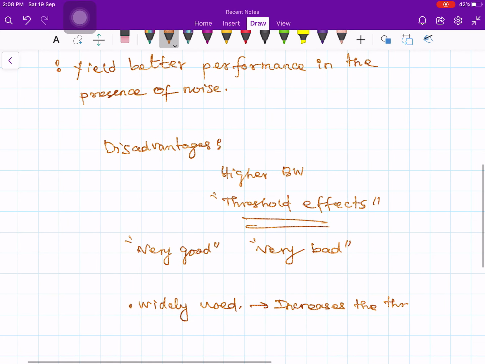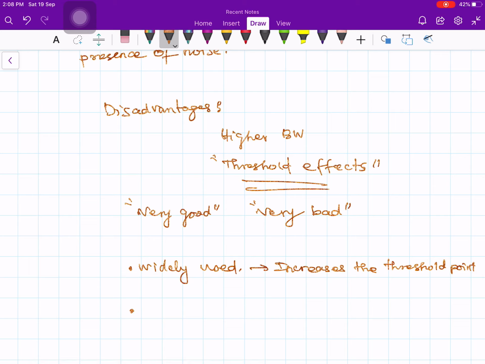That is the reason it is widely used. And the second one is that it is realized in integrated circuits, ICs. The reason for that is typically in this kind of feedback demodulators, we don't use any inductors.